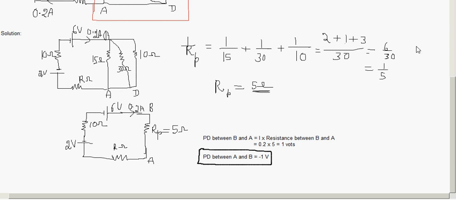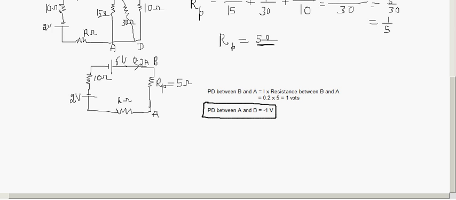Applying KVL, start from 6 volt and use the same sign convention.